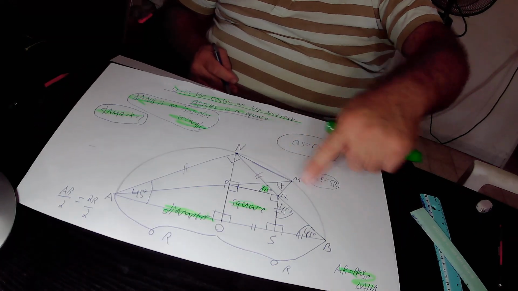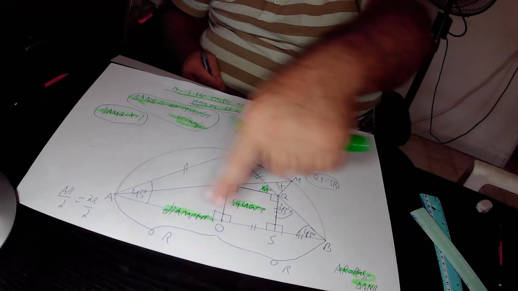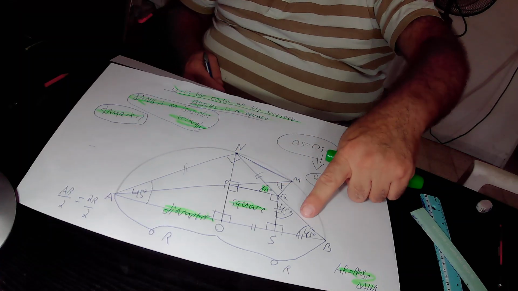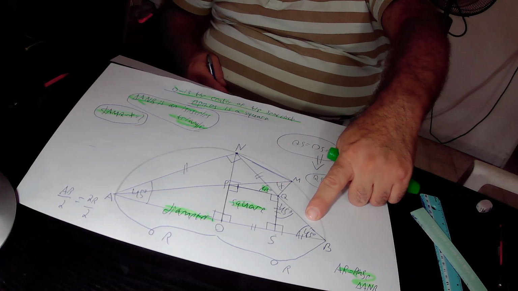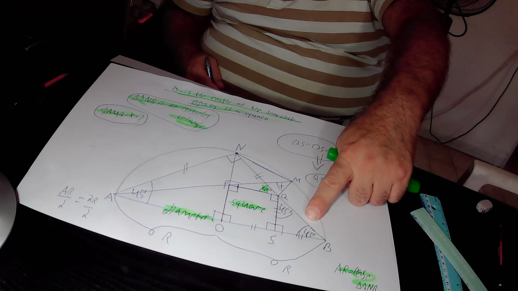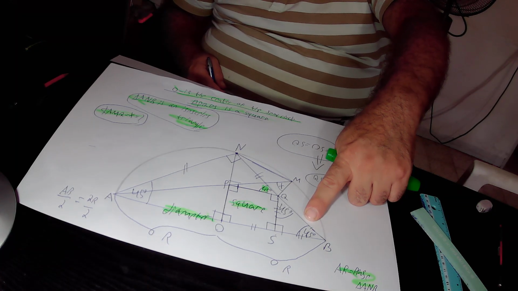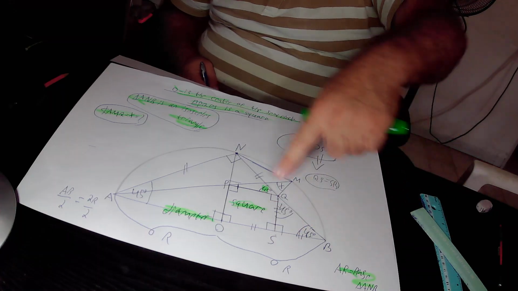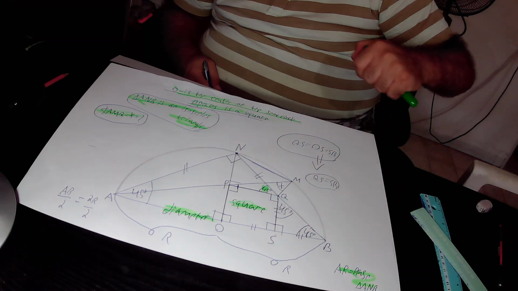This is triangle NBA or ABN. Angle ABN equals 45 degrees in its size, and triangle ABN is subtended on the chord called AN.